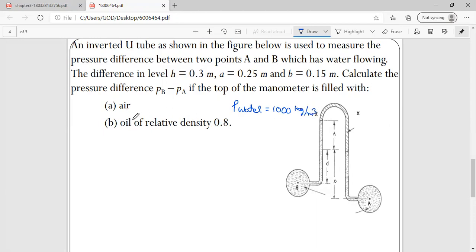Because two more questions are there. Water is flowing. The difference of levels H is 0.3. A is 0.25, and B is 0.15. So he has given all the values. He is asking what is the difference of pressures in the two limbs.